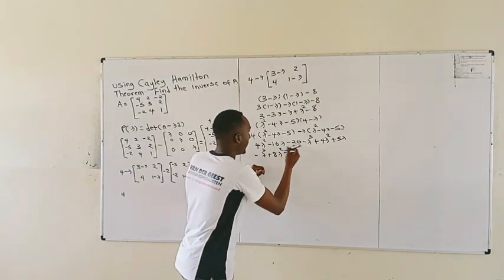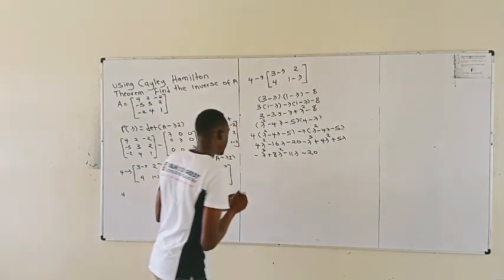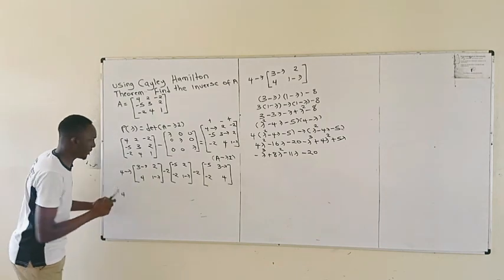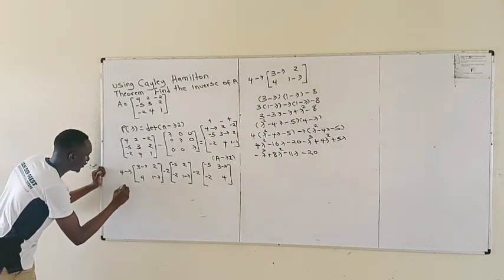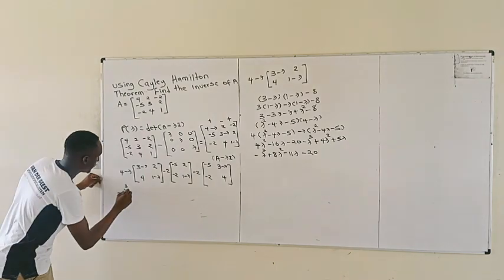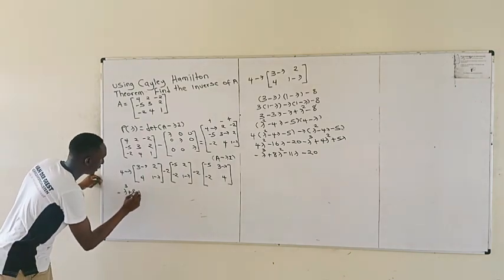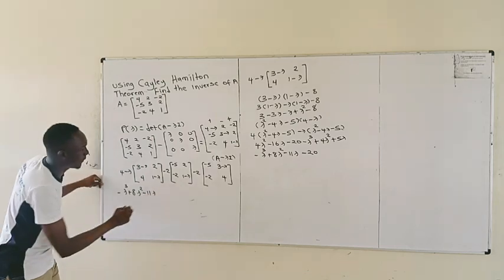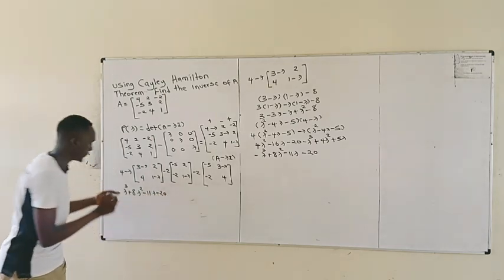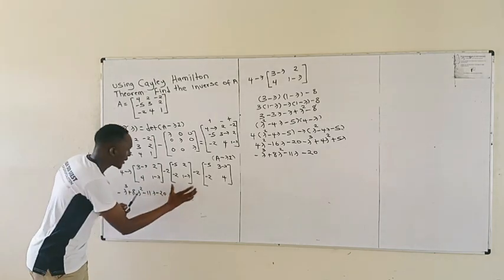Then we have minus 20. So this is the solution to the first part: minus lambda power 3 plus 8 lambda squared minus 11 lambda minus 20. Let's now solve the second part.